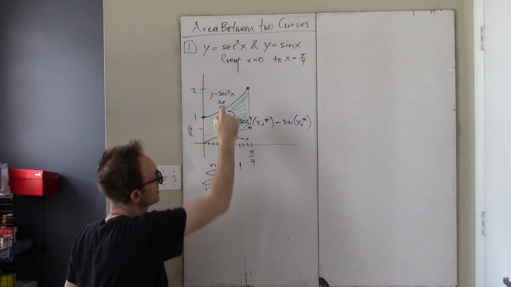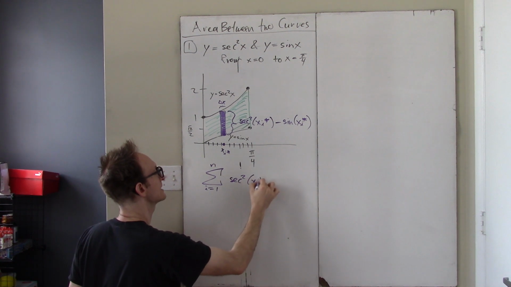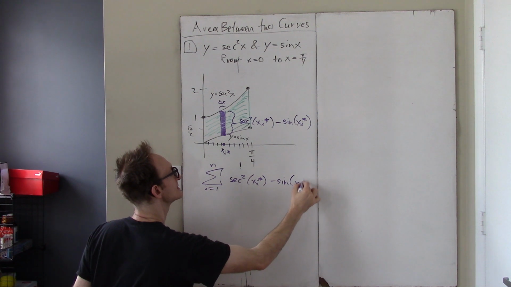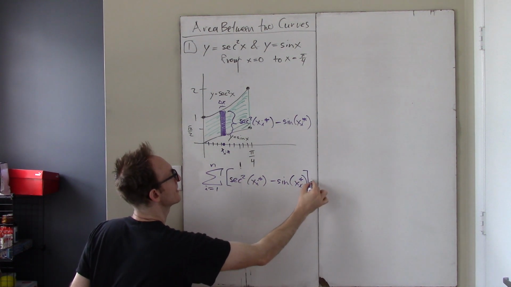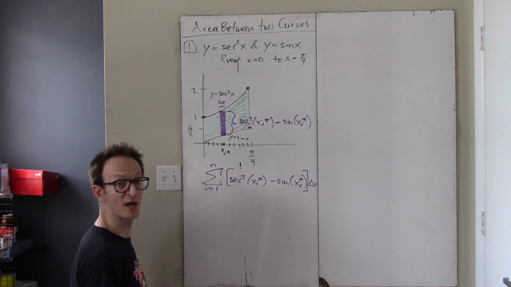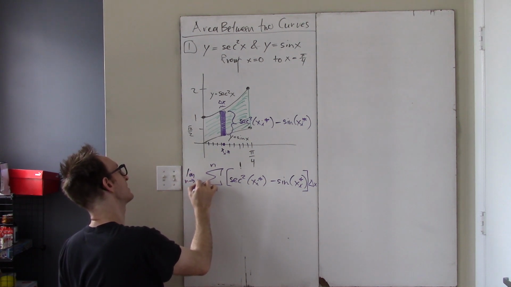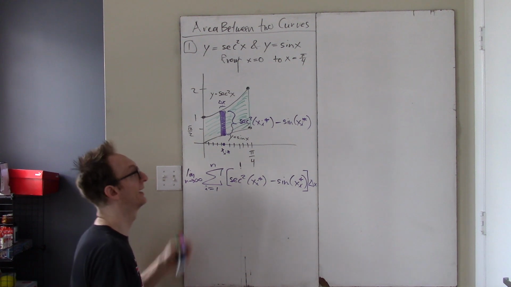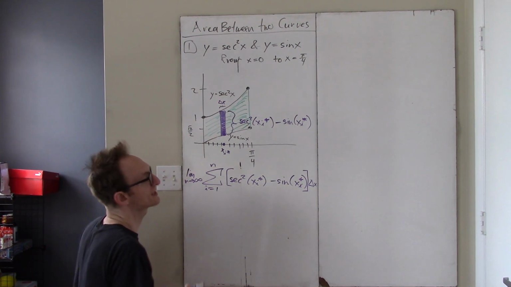And those rectangles have dimensions, like I just said, secant squared of x sub i star minus sine of x sub i star, and all of that is being multiplied by delta x. That will give an approximation to the true area. And if I then take the limit as n approaches infinity, then this will give me the exact area of this green region.